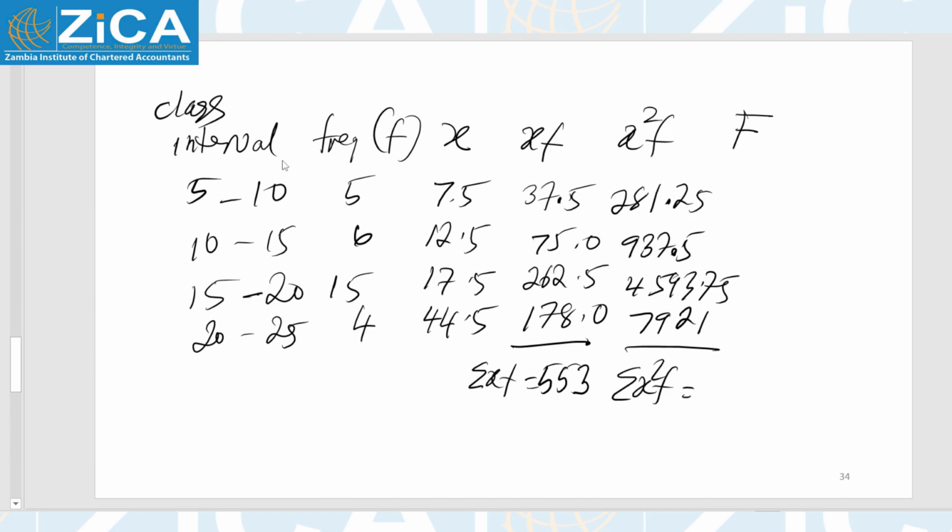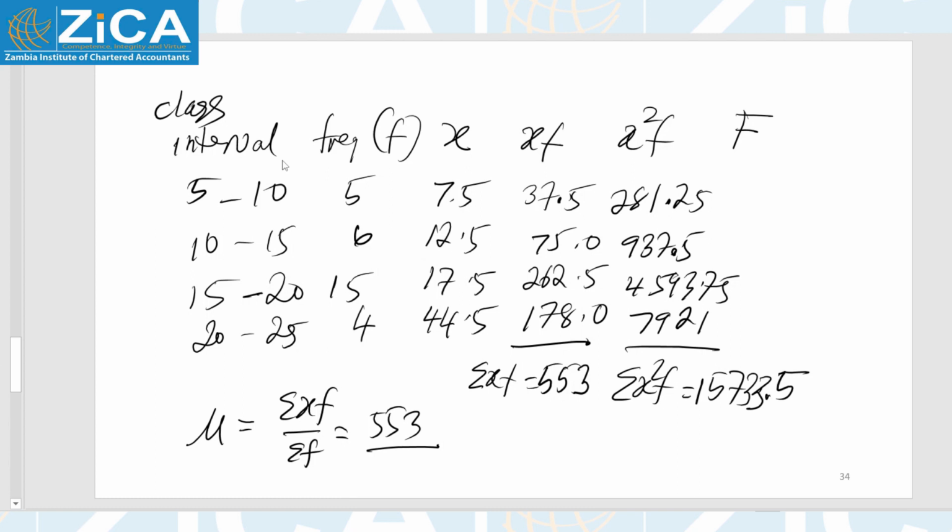If you sum up that number, it will give us 1,573. That is 33.5. So mu here will be equal to the summation of X times F over the summation of F, which will be 553 over the total frequency here. This is in fact 20 plus 30, and the 30 will come down here, which will be equal to 18.43.